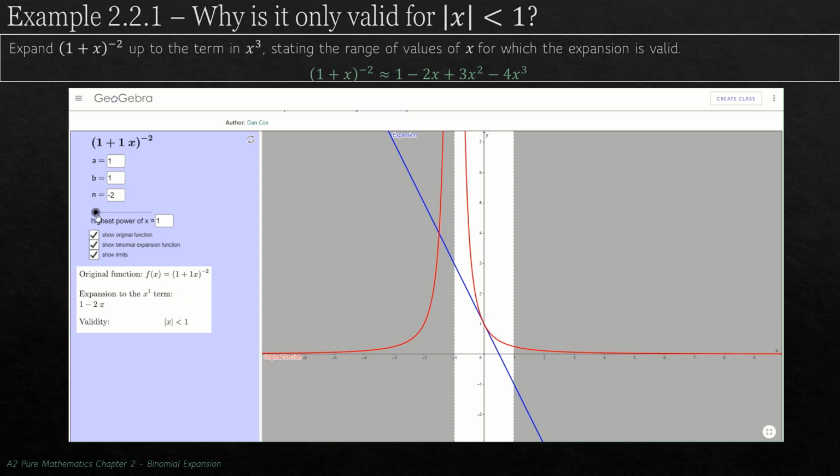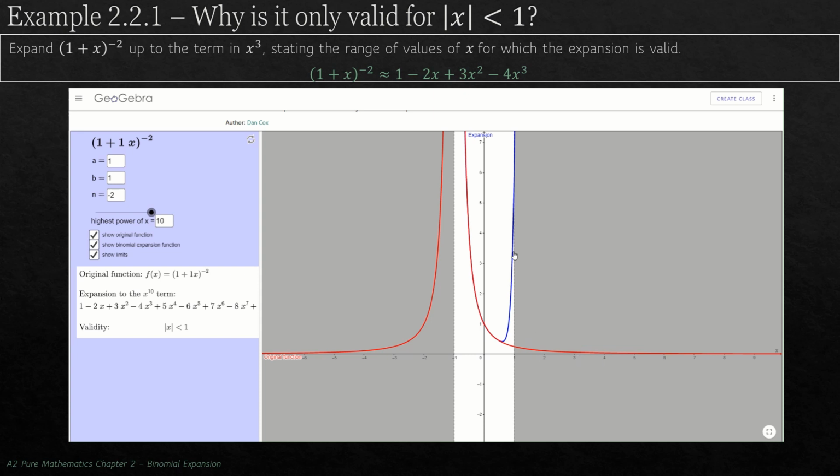As we increase, so as we take more terms, we can get a better approximation for more values between minus 1 and 1. Even when x to the power of 10, we've still not got a good approximation here. So you can see that the graph of the expansion is heading towards infinity here, whereas the graph is actually heading towards 0 here.